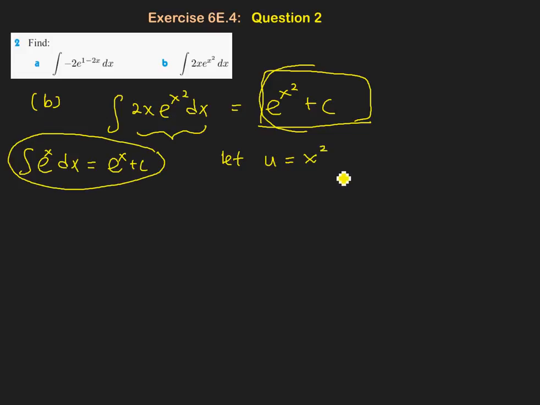So now du dx will be 2x, and we always like to collect the x term with dx. Now we have this. Now do you see something there? There's a pattern here. You see 2x dx, and you have the 2x dx.